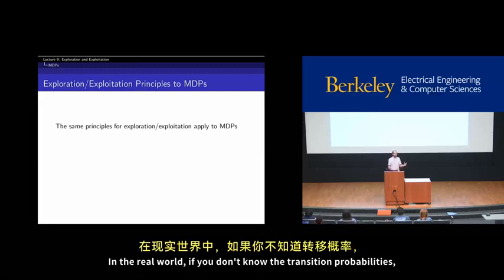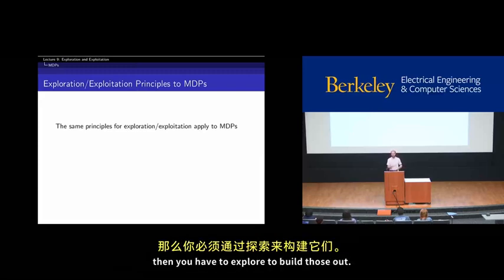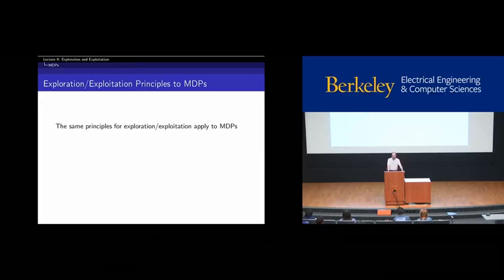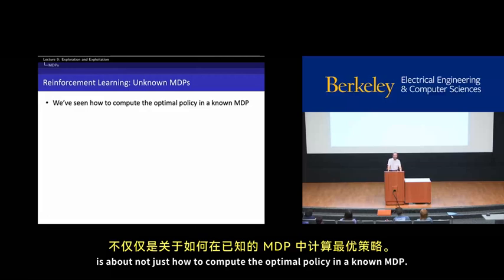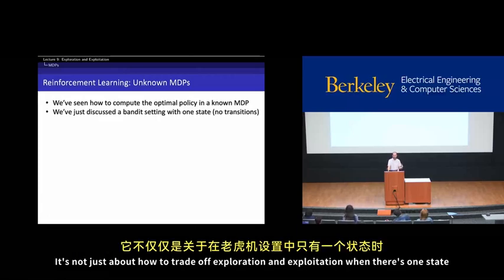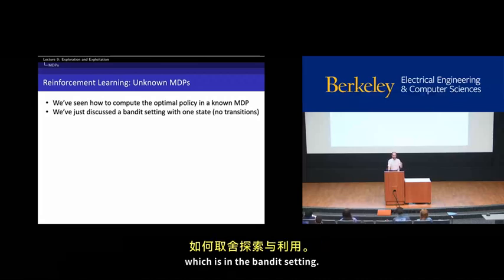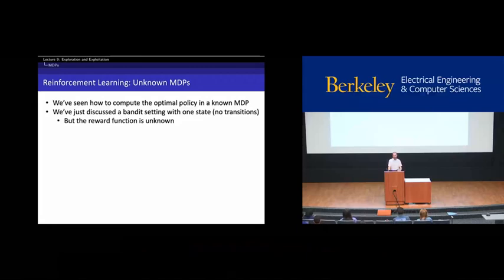In the real world, if you don't know the transition probabilities, then you have to explore to build those out. And so reinforcement learning, which we'll be talking about in the coming week, is about not just how to compute the optimal policy in a known MDP. It's not just about how to trade off exploration and exploitation when there's one state, which is in the bandit setting.